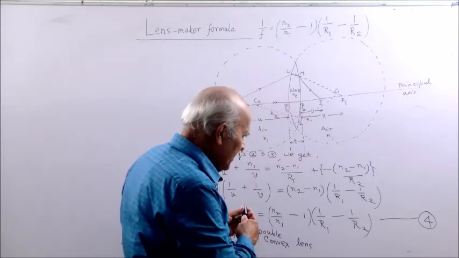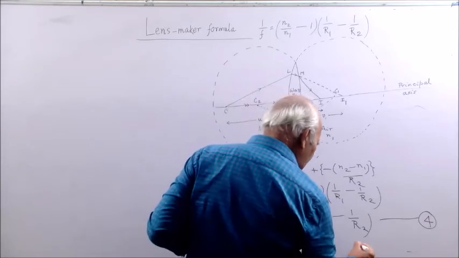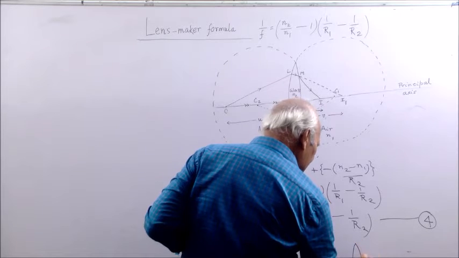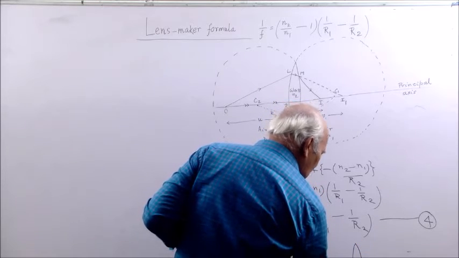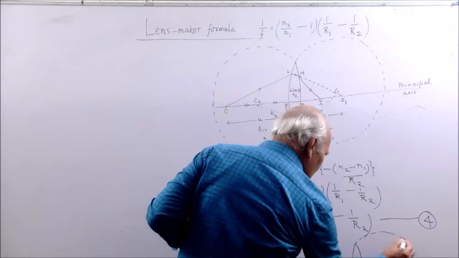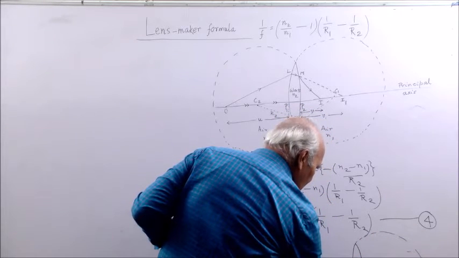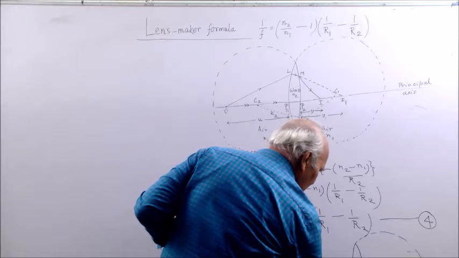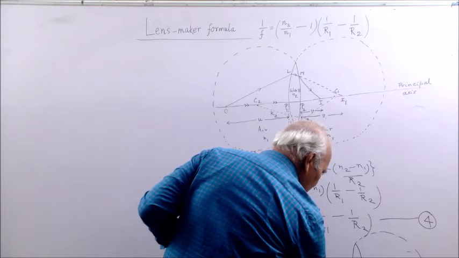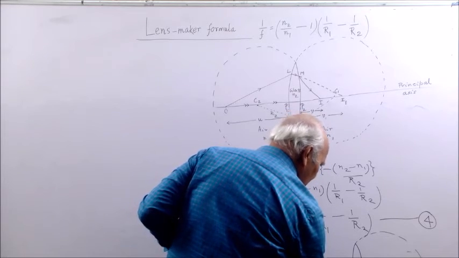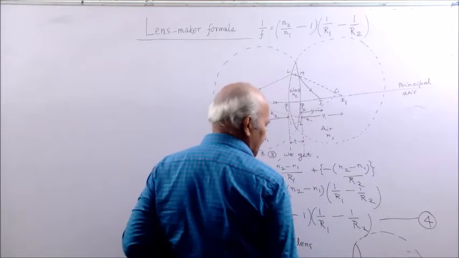So, that we will explain with the help of another simplified figure, same. So, this is 1, 2. This is say C1. So, this is your R1. So, R1 has to be measured like this.